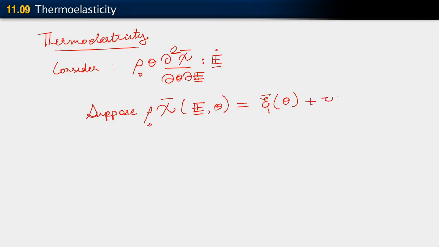We'd been referring to the strain energy as being a function only of E, but let us suppose that it too has a dependence on theta.